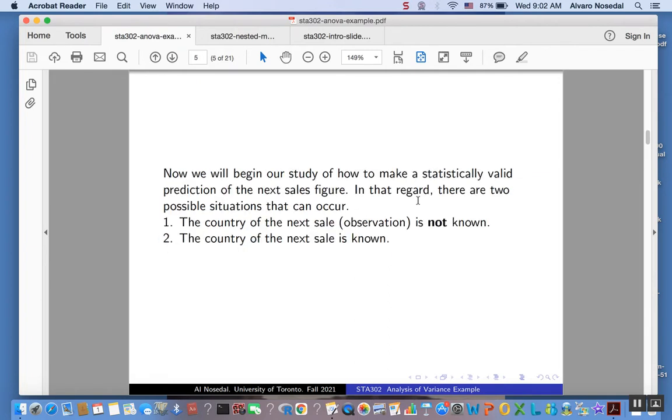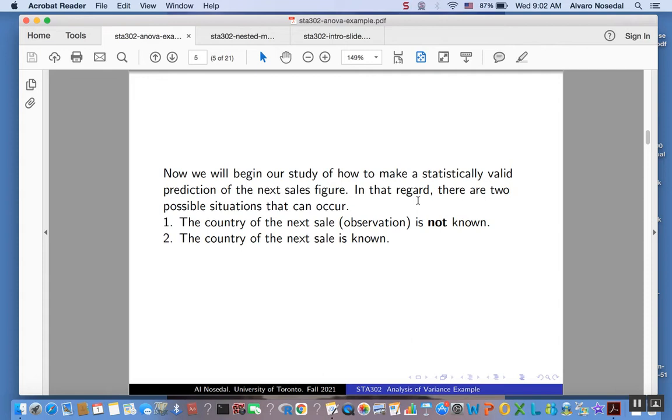On the next slide, what I'm trying to tell you is that if we wanted to predict the next sale, we could use this information to come up with a prediction. But we have 2 choices. One, the country where the next sale is going to take place is not known. Or we do know where it's going to happen.